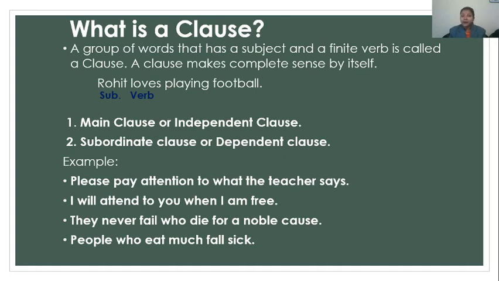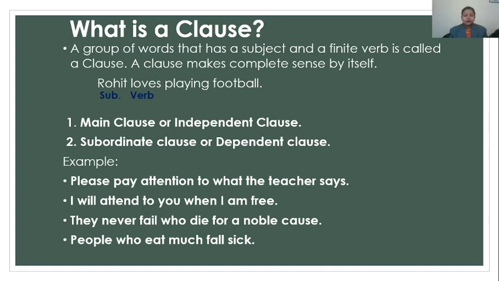While the dependent clause, as the name reflects its meaning, depends on another clause for its meaning. Alone it can't make sense. It needs the help of another clause to clear out its sense. So such clauses are known as dependent clauses or subordinate clauses.